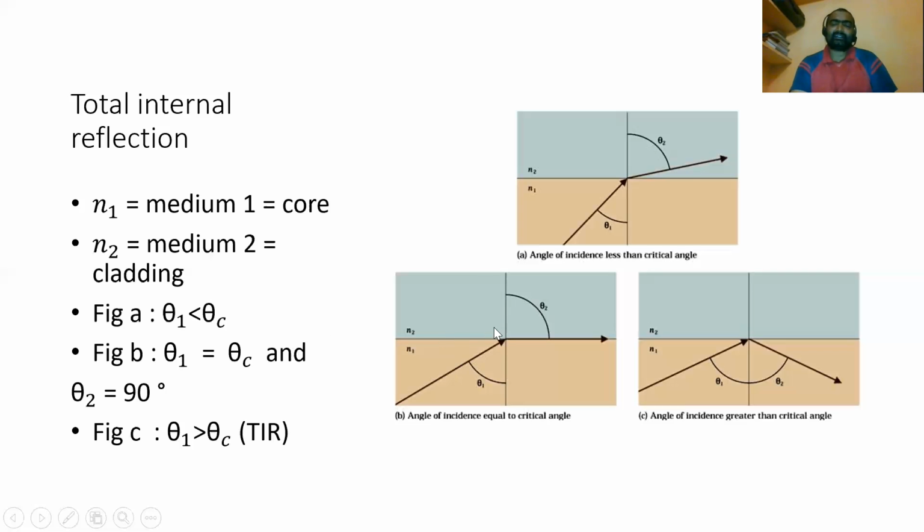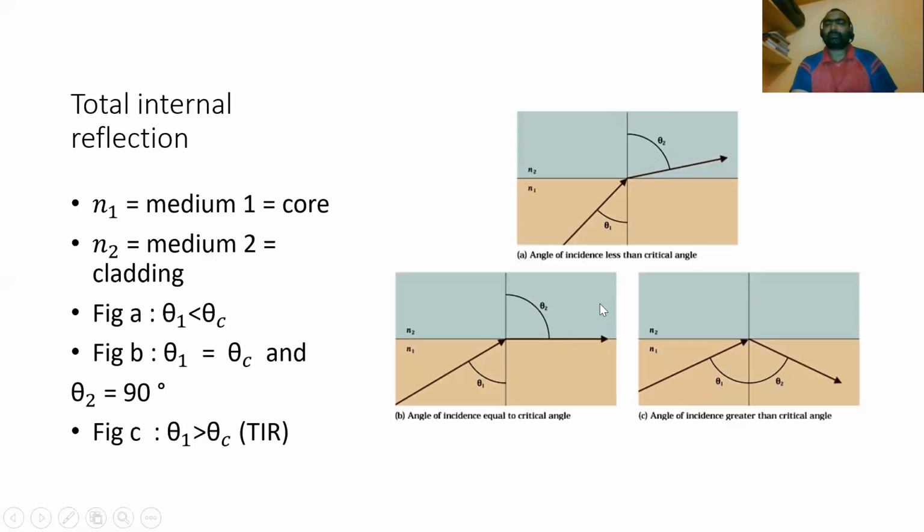Now let us see another case, when the angle of incidence in the denser medium equals the critical angle. Here this light ray makes an angle theta 1, which from the figure is clearly more than the previous theta 1. If theta 1 equals the critical angle, then the light ray refracts along the boundary between the two mediums whose refractive indices are N1 and N2.